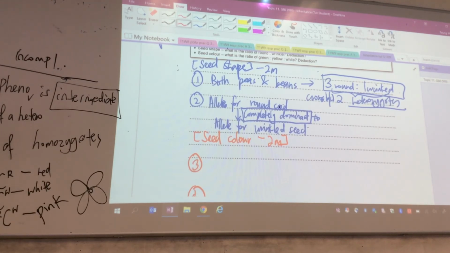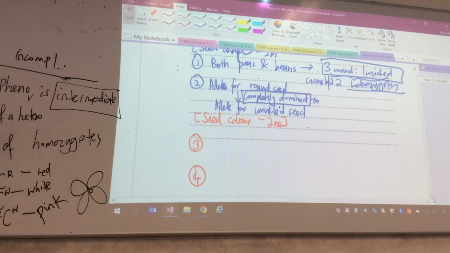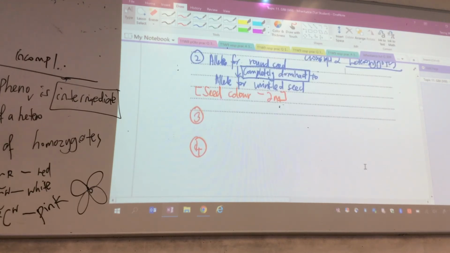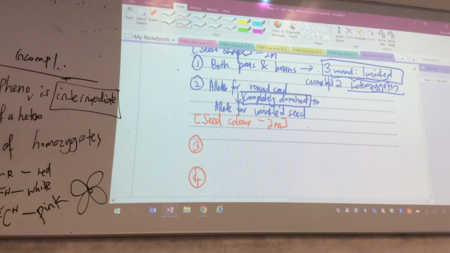The one that is a bit harder is the next characteristic, the seed color. Again, what should I start with? Ratio. Good. For peas, I get 3 yellow to 1 green, because I cross 2 heterozygotes together.